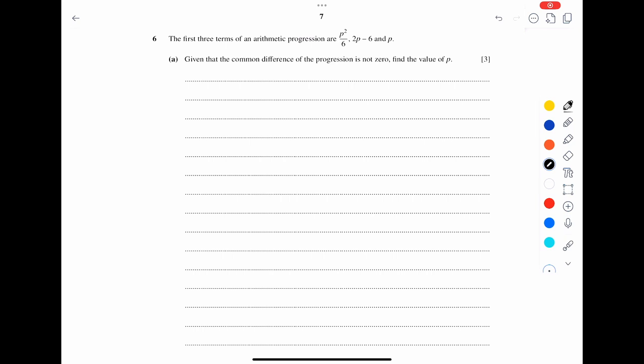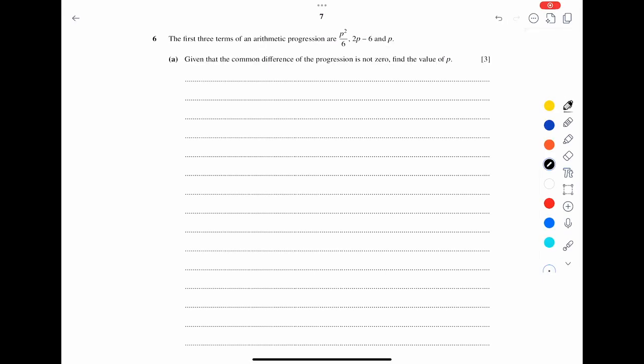At face value, this question looks confusing, mainly because we don't have any tangible numbers. It's just p squared over 6 for the first element, 2p minus 6 for the second, and p for the third.